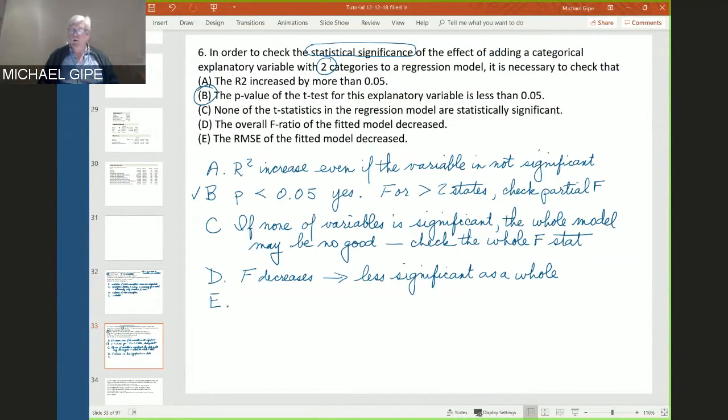How about E? The RMSE of the fitted model decreased. Well, RMSE is a measure of the variation, of the standard deviation of the residuals. It is not a test of significance. Now, it may be a measure that's a contribution to the calculation of significance, but by itself, it is not.